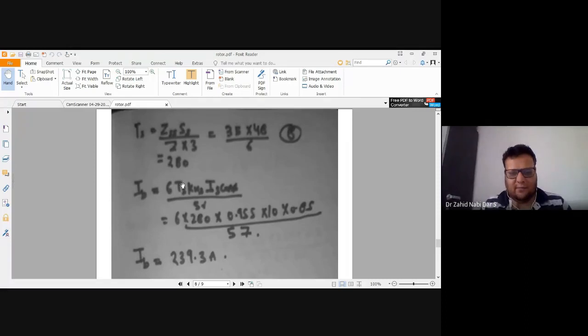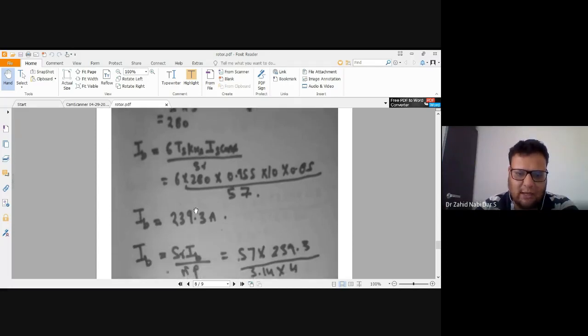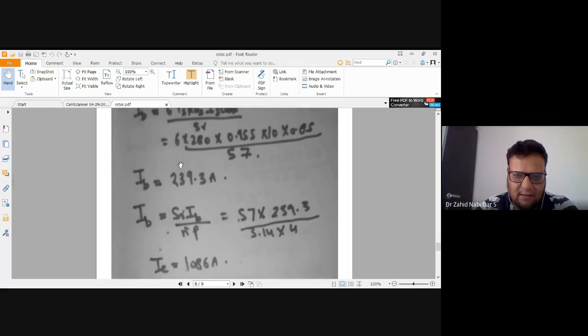So your current in the bar would be given like this: 6 times your 280, your space factor is 0.955, the current is given as 10, your power factor is given as 0.85, and your rotor slots are given as 57. So you calculated your bar current. This formula you have also seen in the previous class, so please go back to that section and relate to it.